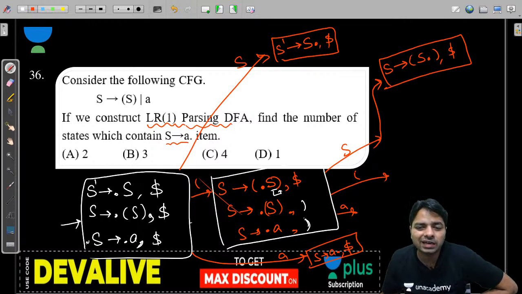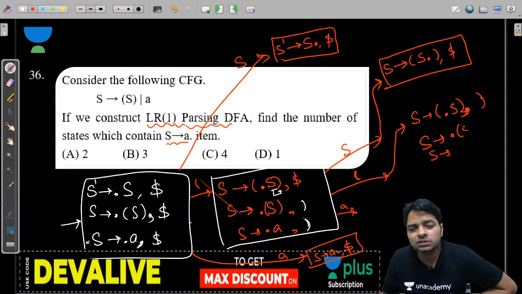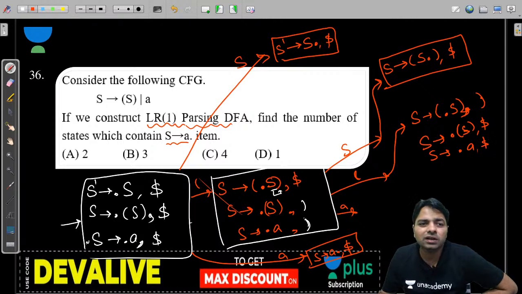When you read open parenthesis, S derives open parenthesis dot S and a closed parenthesis. Here we have to keep the S productions.